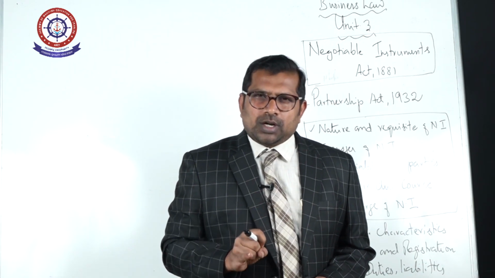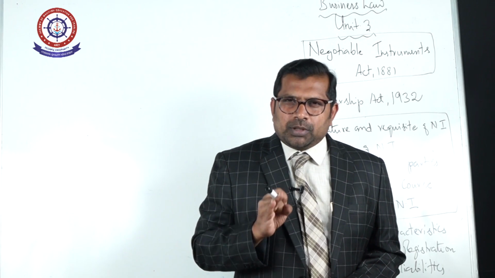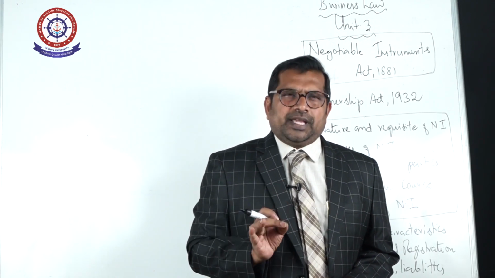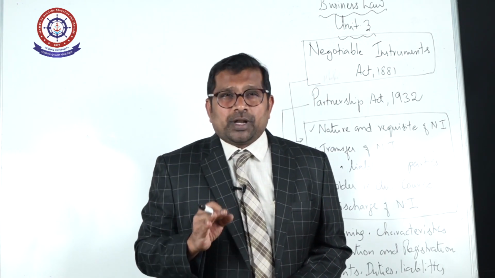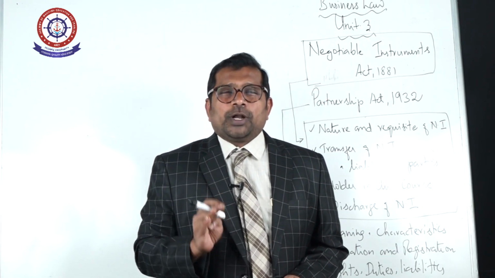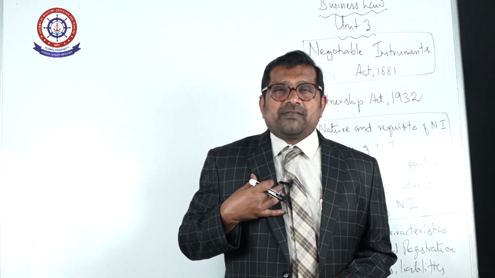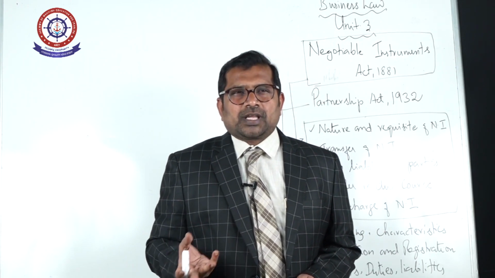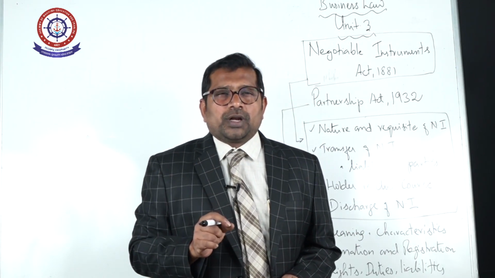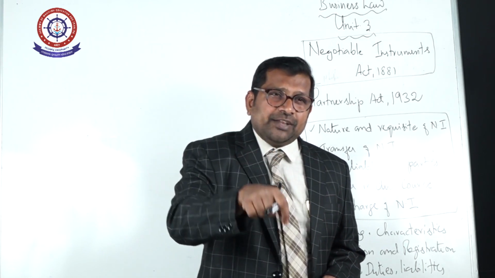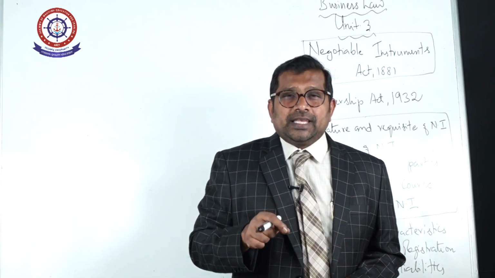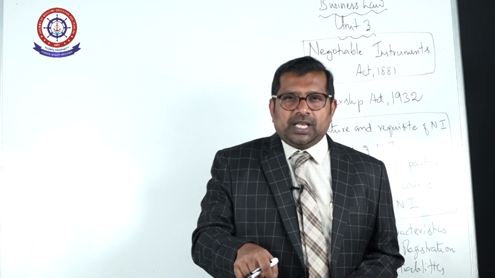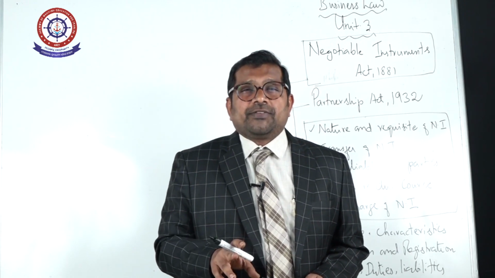Why? Point number 1, one who is holding the instrument. Point number 2, A is taking that instrument. Instrument what here? Bill of exchange. It's a negotiable instrument. Point number 3, for some value. Point number 4, utmost good faith. A has the utmost good faith in B without noticing the defect. Here I mentioned one important point: A gets this instrument from B, but without knowledge of any defect in what?